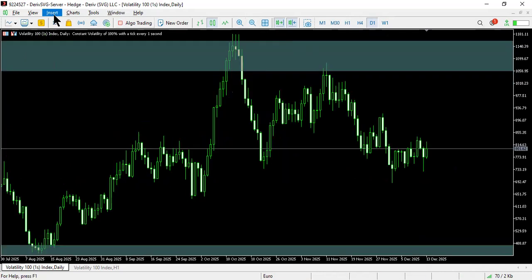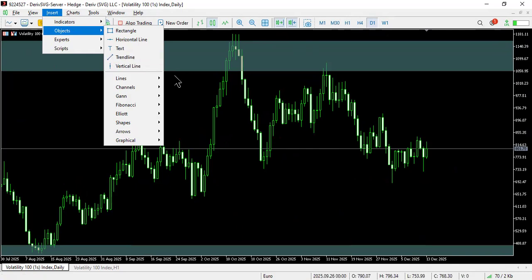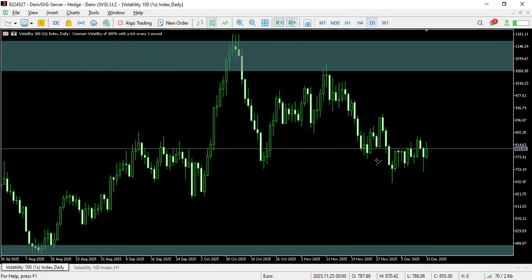From the daily time frame, let us study the recent price action. So we have a break of structure. That is the most recent break of structure to the downside.